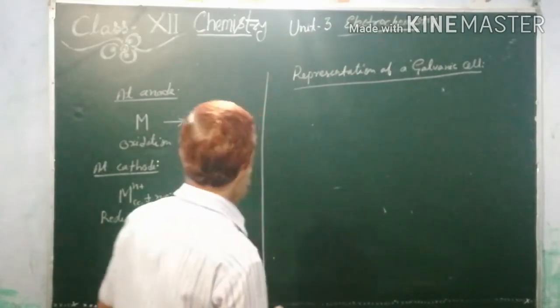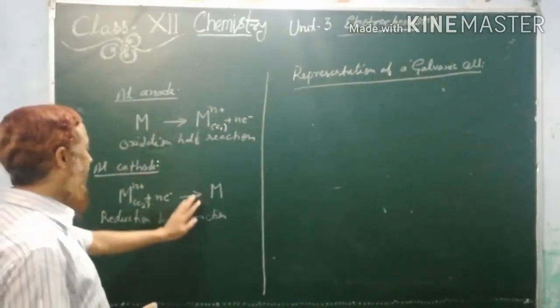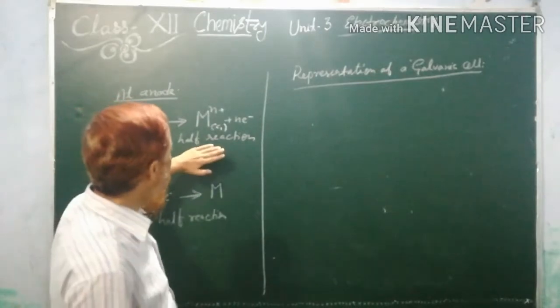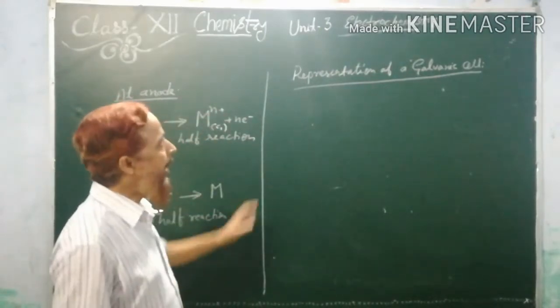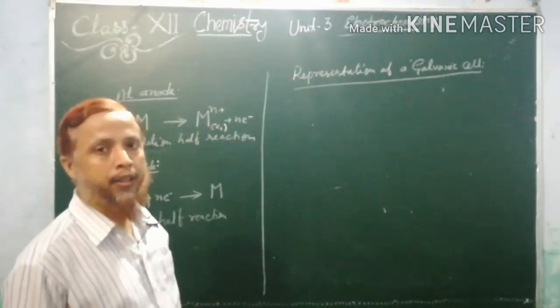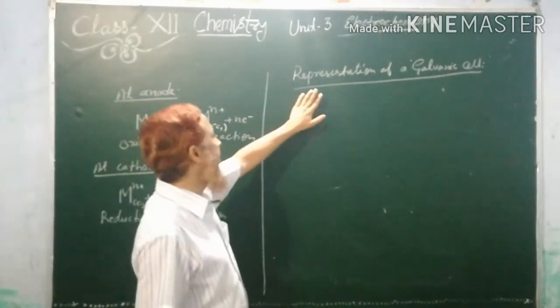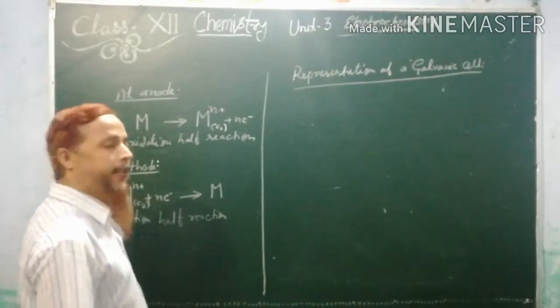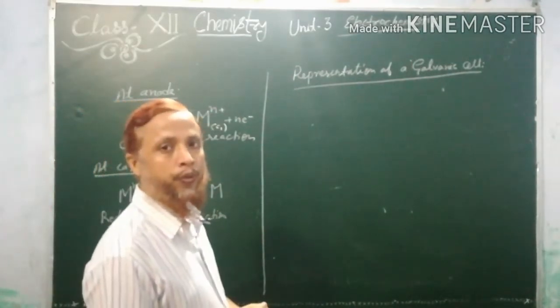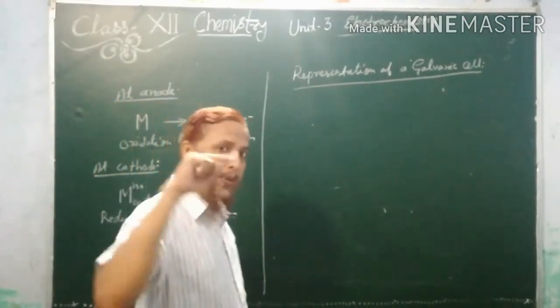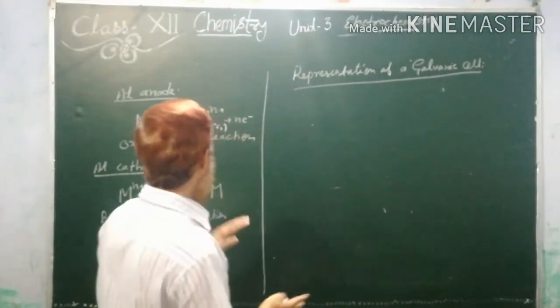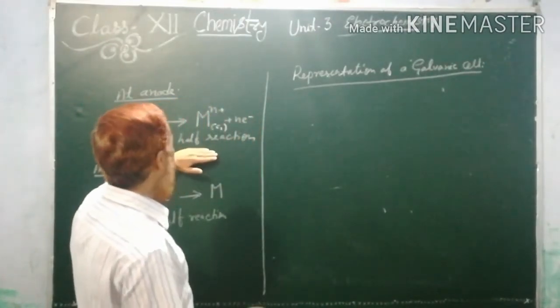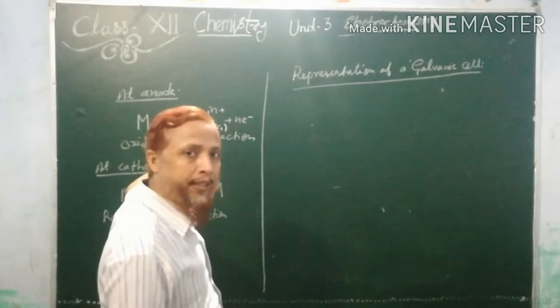So suppose the half cell reactions are already given, and from these we have to represent our galvanic cell. How can we represent a galvanic cell from the half reactions at anode and cathode? Very simple. Remember the points. First, write the oxidation half reaction on the left hand side.